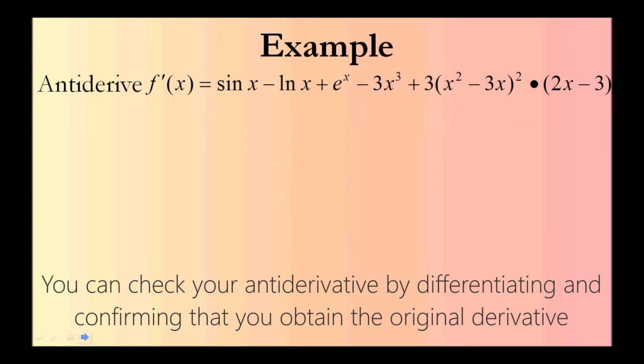Antiderive f prime of x is equal to sine x minus natural log of x plus e to the x minus 3x cubed plus 3 times the quantity x squared minus 3x squared times 2x minus 3.